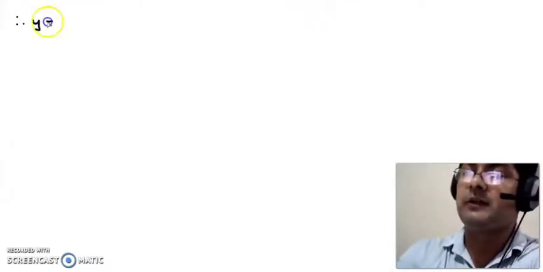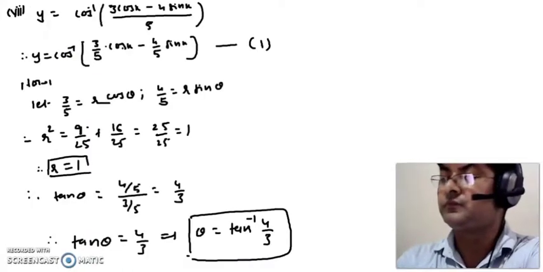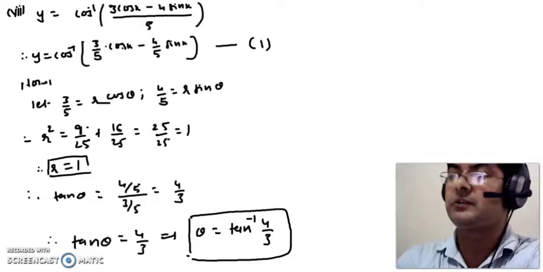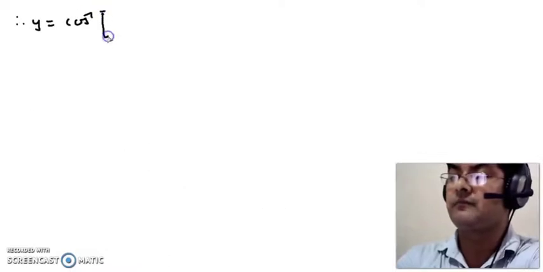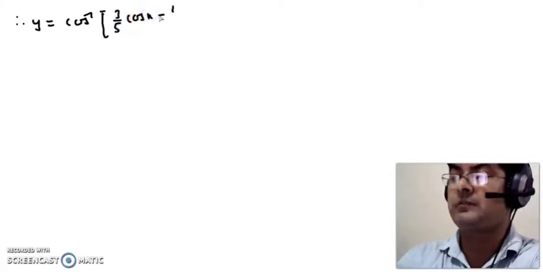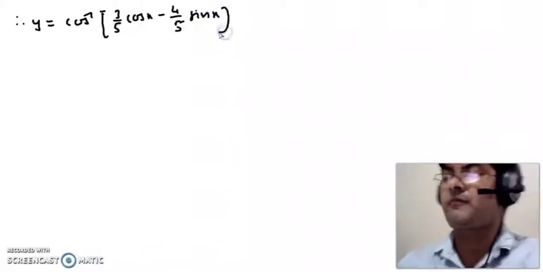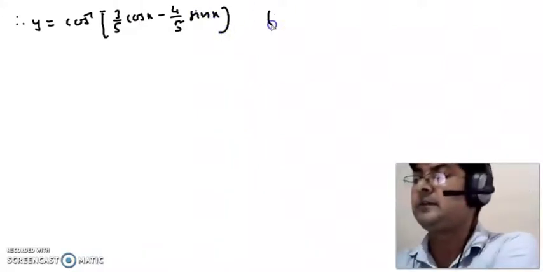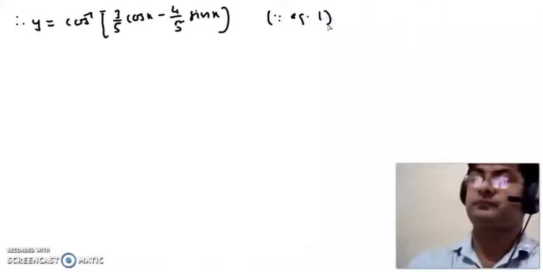Okay, we had y is equals to cos inverse of 3 by 5 cos x minus 4 by 5 sin x, equation 1.